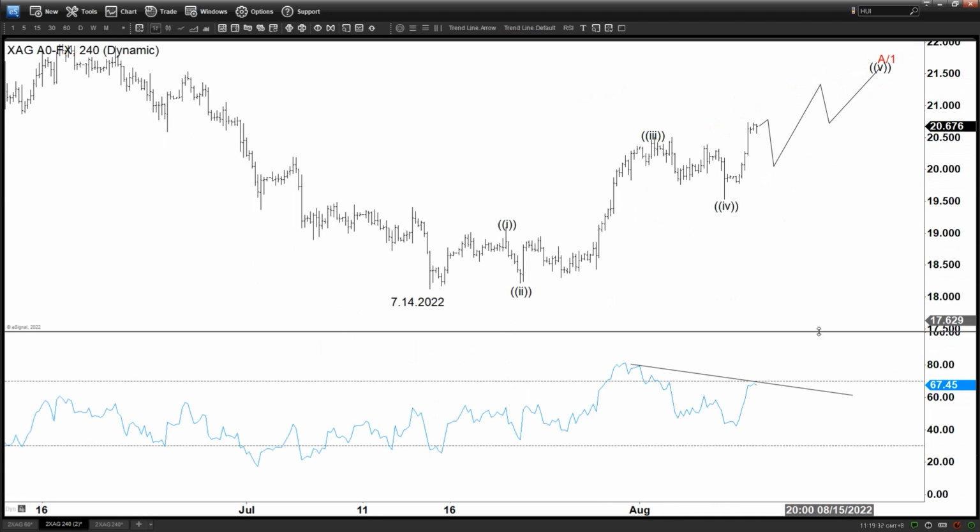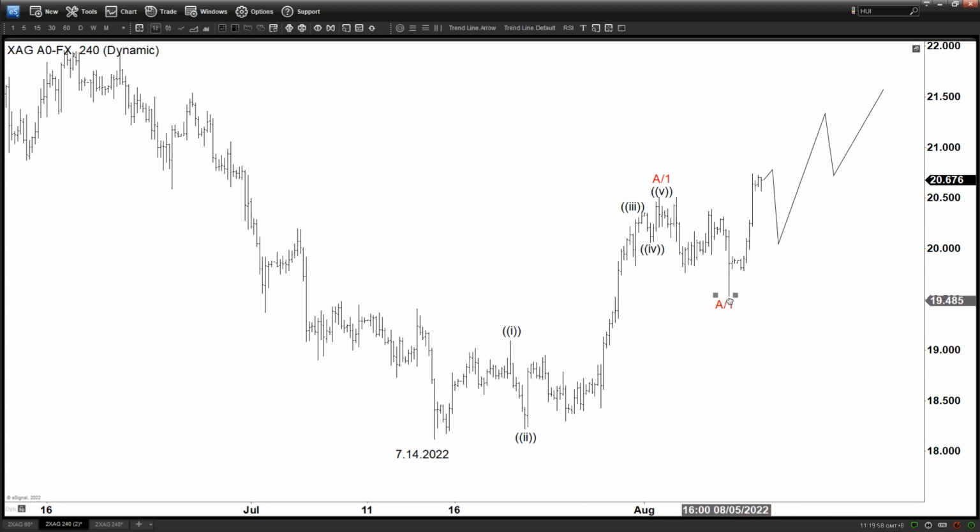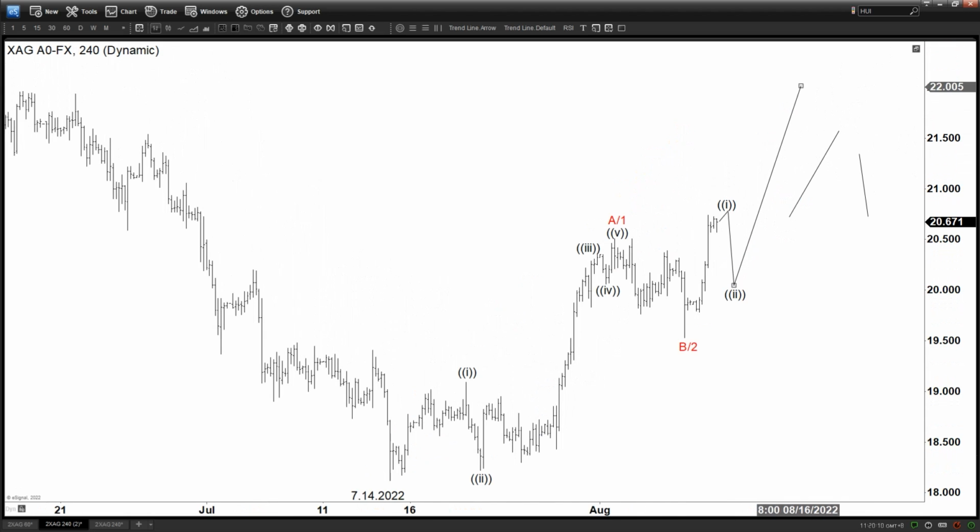Or another possibility is, if you look at the RSI and the RSI starts to erase any kind of divergence here, in other words, the RSI becomes very strong and breaks out on the upside, then there is another possibility in which this is actually ending here, so you can count it something like this, and then this is already your P and a 2, and it is going to extend higher impulsively pretty fast, like this. It's going to extend pretty fast on the upside.